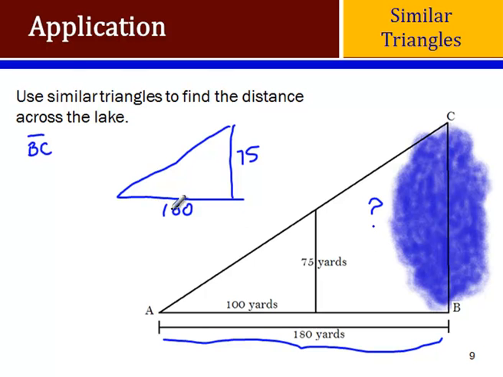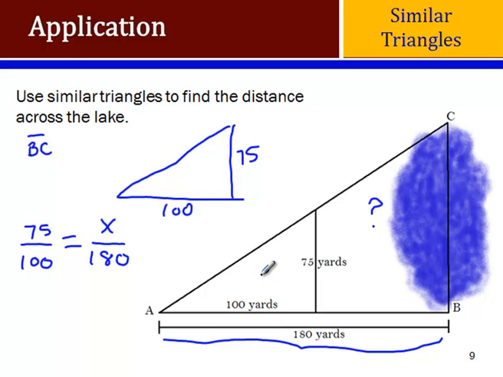So we can set up 75 is to 100 as this long unknown side, we'll just call it x, is to this long side 180.